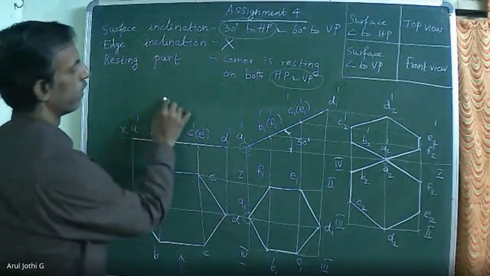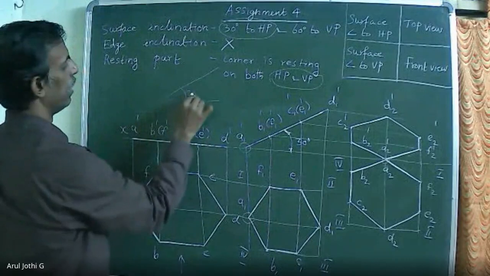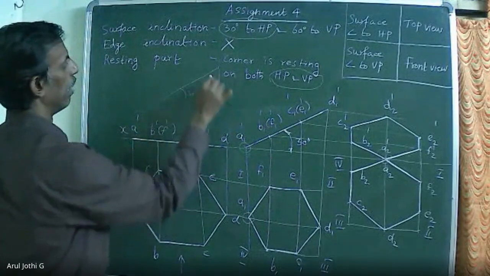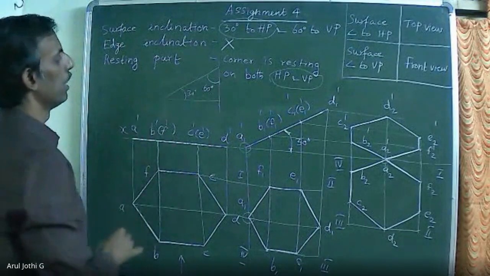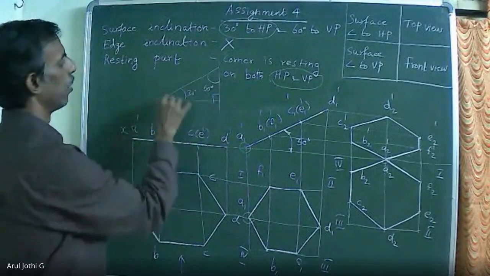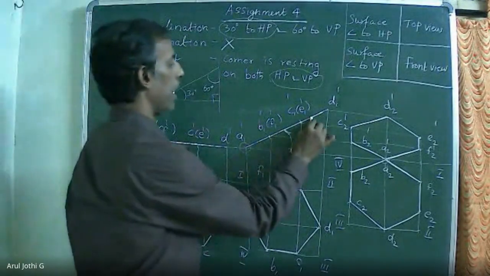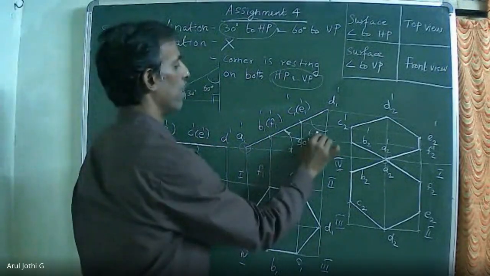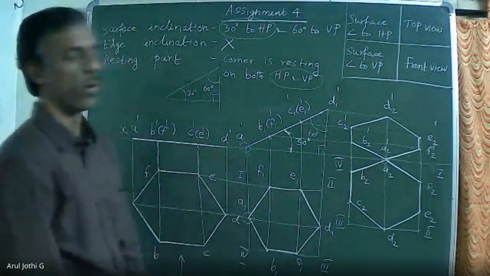For example, this angle is 30 degree. The angle it is naturally making with the VP will be 60 degree, so that the total angle will be 180 degree. So this angle with the VP will always naturally be available as 60 degree. That we cannot show in this drawing.